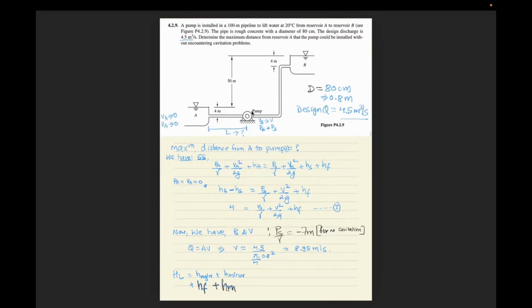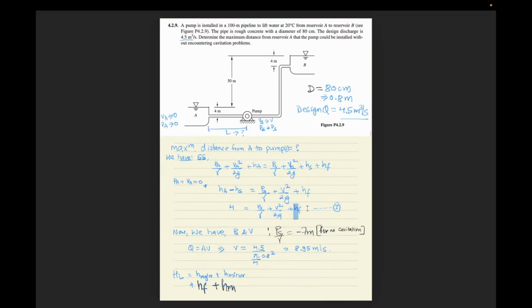But for the pump, the pressure head and velocity head are unknown up to now. What we know is that for having no cavitation, pressure head should be less than 7 meter. We can use this later. So we have this equation 1. Our main intention is to solve for L.